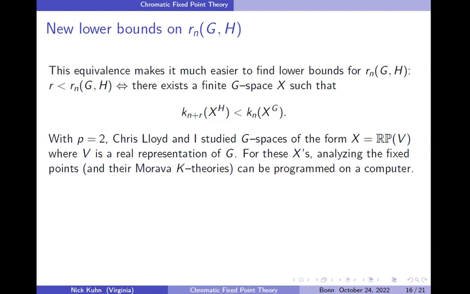Okay, so when p was 2, Chris Lloyd and I studied G spaces of the form: just take a real representation of G. This is like my example I gave at the beginning of the talk: just take the lines through it, so the projective space associated with that. So this is giving you something that non-equivariantly is a real projective space, of one dimension less than the dimension of the representation.